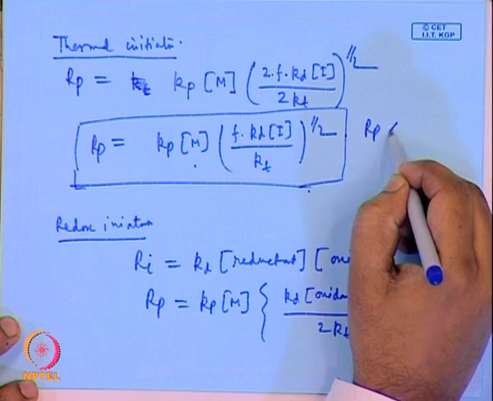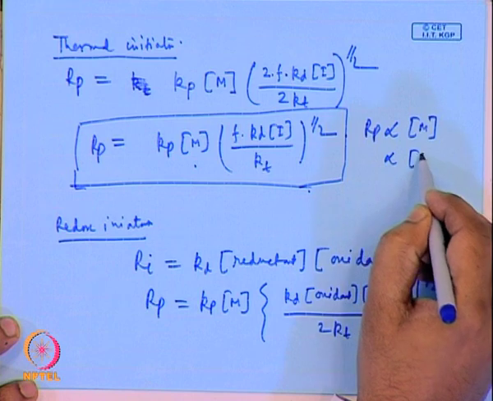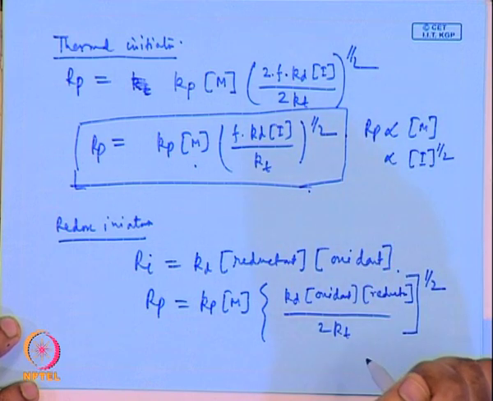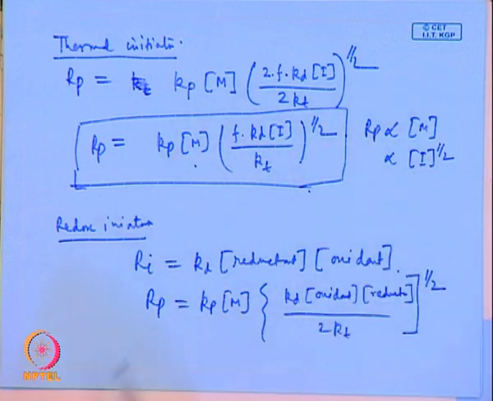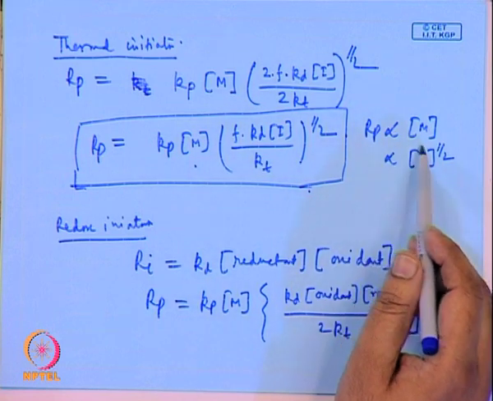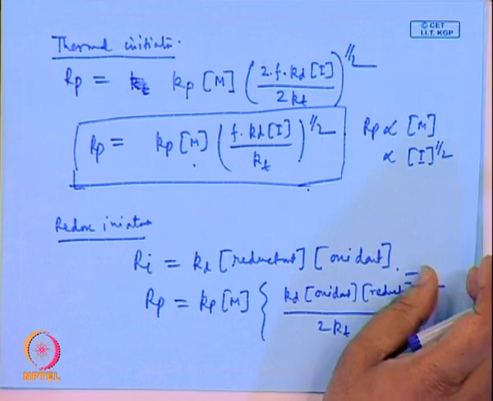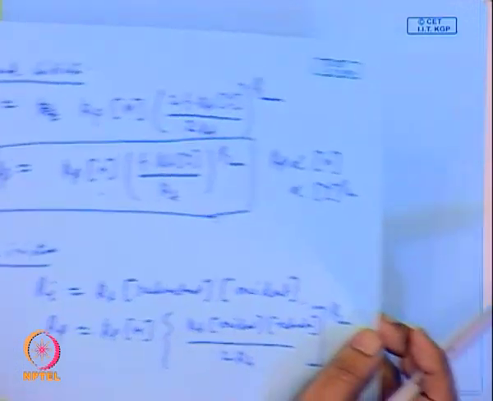So, if you increase the initiator concentration during a radical polymerization, then the rate will increase, but proportional to the square root of the initiator concentration, and if you increase the monomer concentration, then the rate of polymerization would increase directly proportionally.